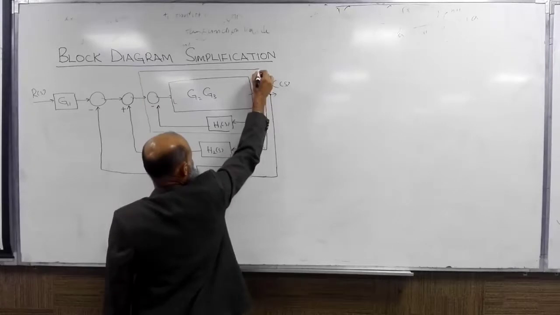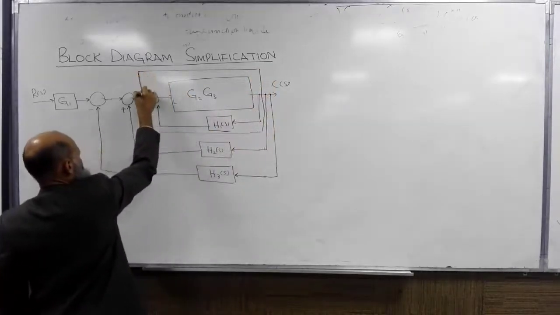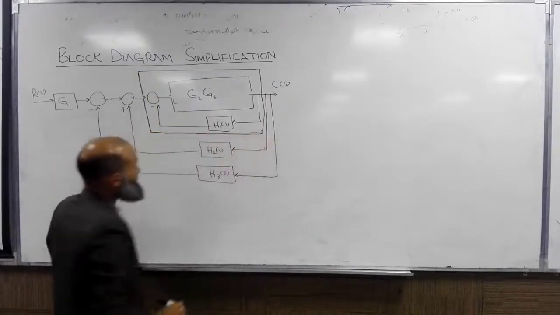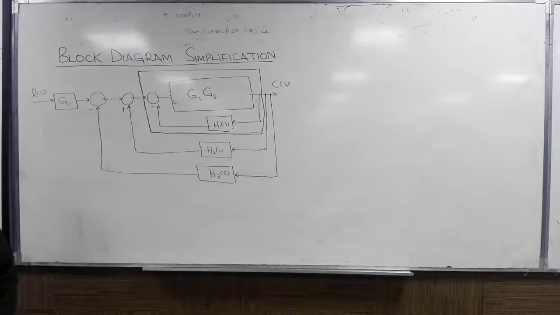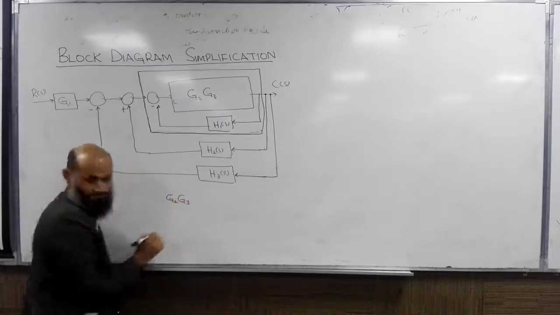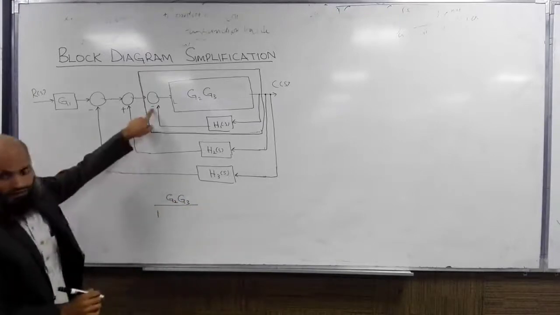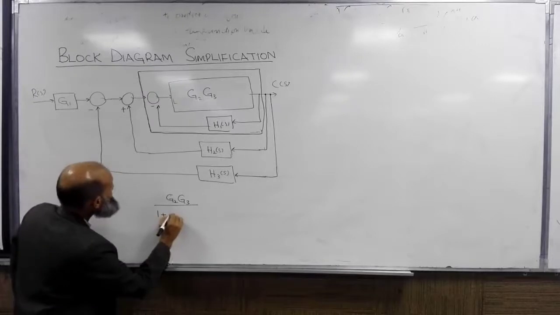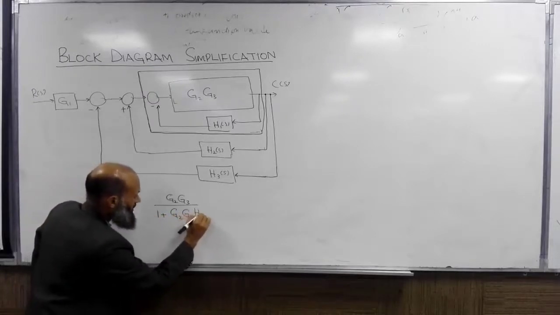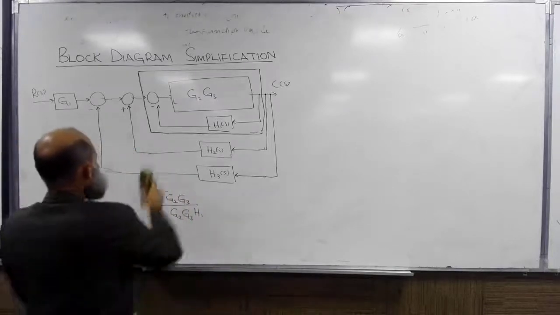So we can replace this block by a single transfer function. What should be that transfer function? G2, G3 divided by 1. Here is minus, so here should be plus G2, G3 into H1. So here we replace it.